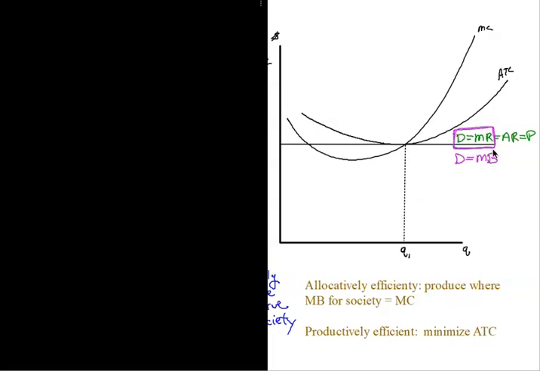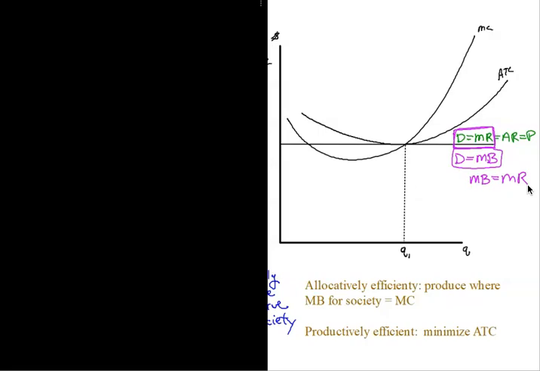Now, if demand is equal to marginal revenue and demand is equal to marginal benefit, then that means that the marginal benefits, which is what society wants, is equal to the marginal revenue, which is what the firm wants. And that's going to be the power of this. That's what's going to cause the competitive firm to be allocatively efficient.